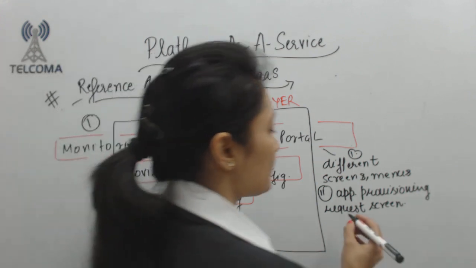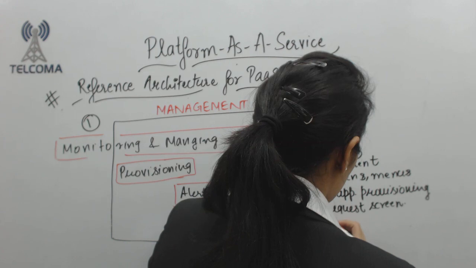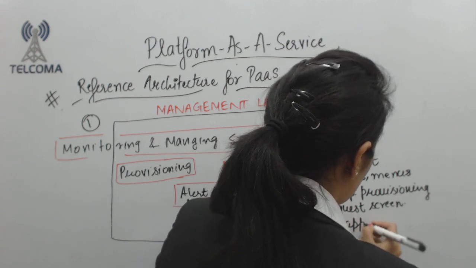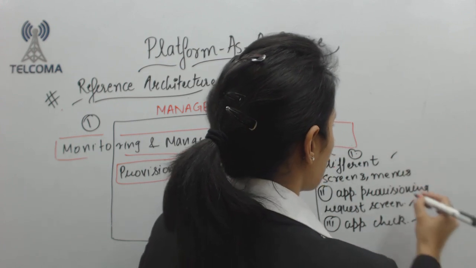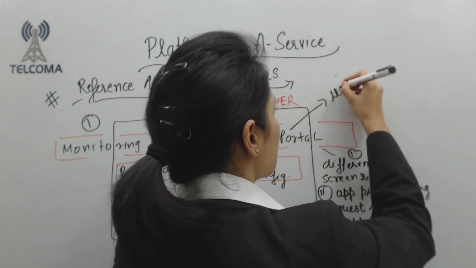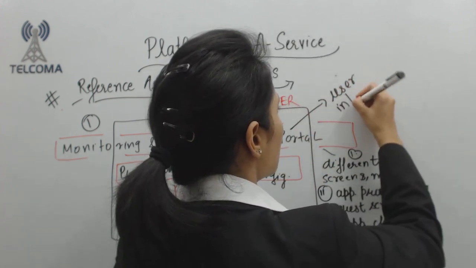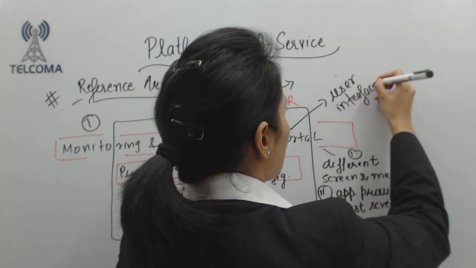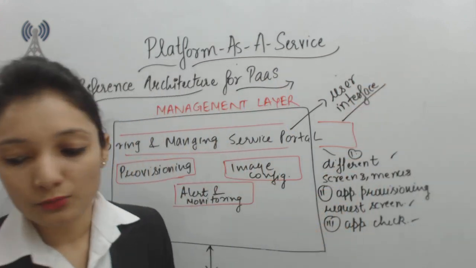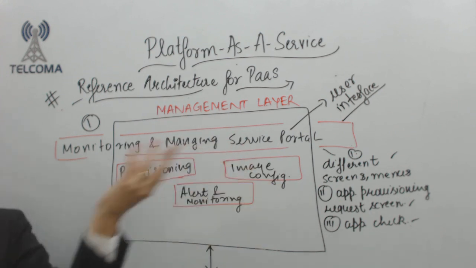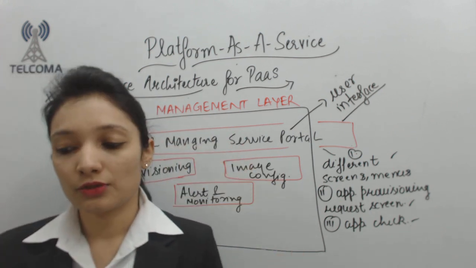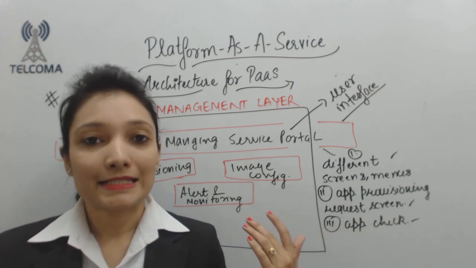So that means certain parameters with your application checks. So this basically is a simple user interface. So it has basically a dashboard for maintaining the various application services. So first of all, the service portal has all the various application requests with itself.